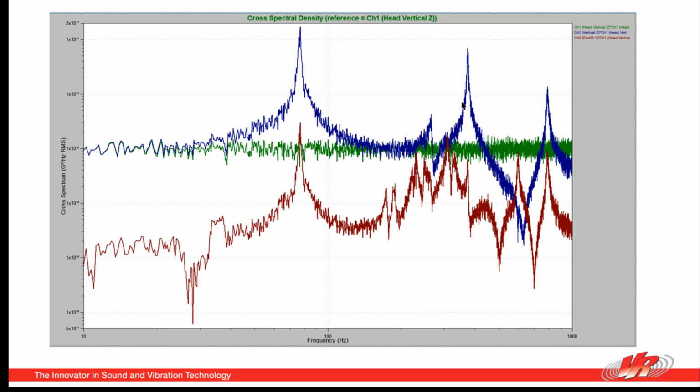Again, in the multi-axis world, if you are interested in knowing how the various axes interact, this is a good plot to use. We're trying to excite a resonance in channel 2, but at the same time we are seeing at various locations that we are exciting resonances in the channel 3 axis.